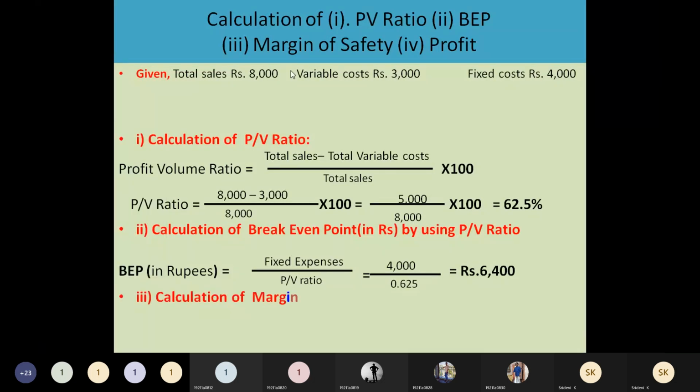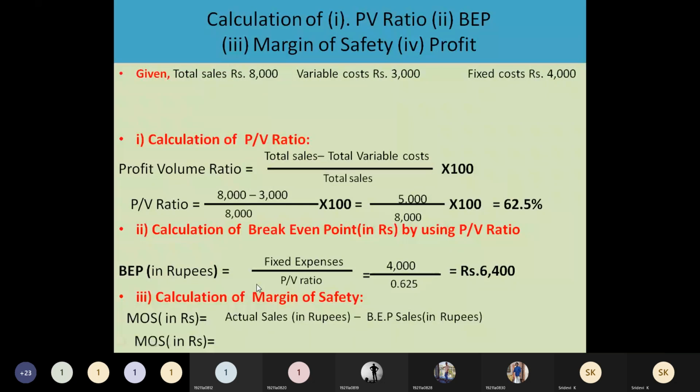Now we need to calculate the margin of safety. Take the formula of margin of safety. Because we have BEP in rupees as well as total sales in rupees, we will get the margin of safety also in rupees. So take that formula, margin of safety in rupees: actual sales in rupees minus break-even point in rupees. Actual sales which was given in the problem is 8,000. Substitute that value, 8,000 minus BEP which we got here, 6,400.